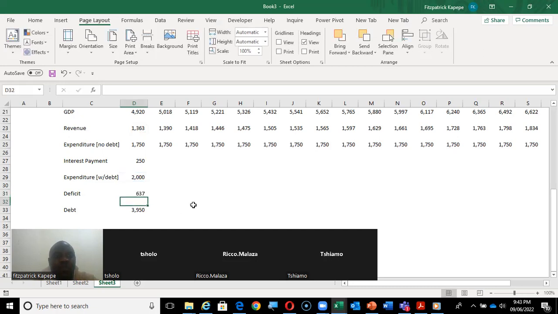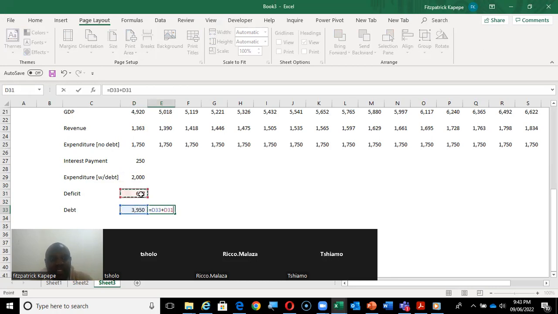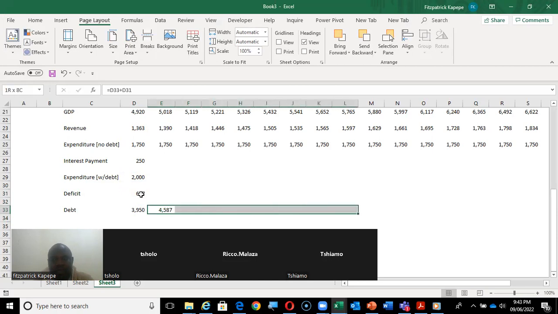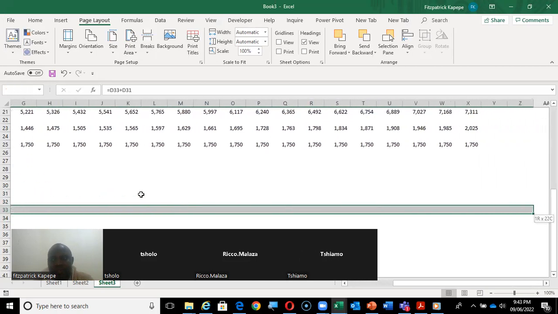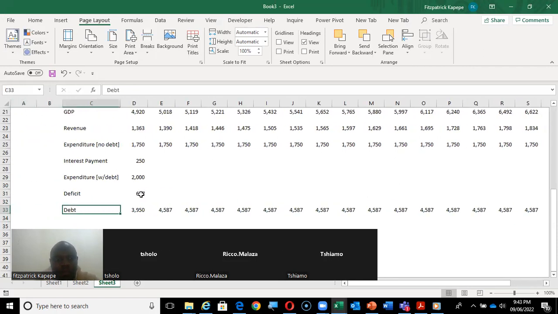There was a deficit of 637. So this deficit of 637 will add to this debt here, to be that plus 637 like this.